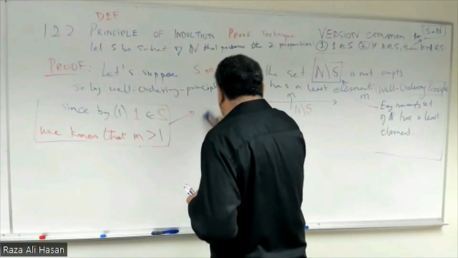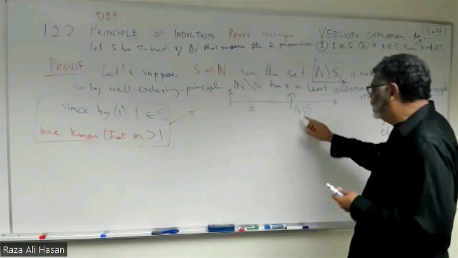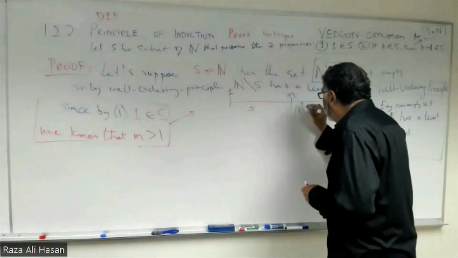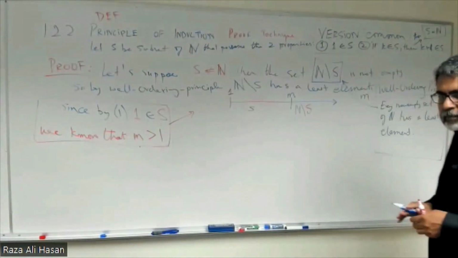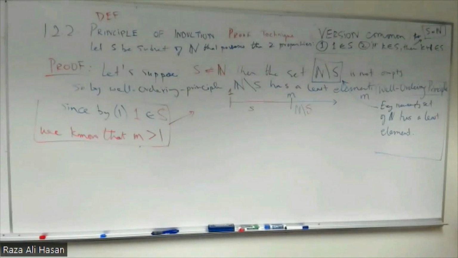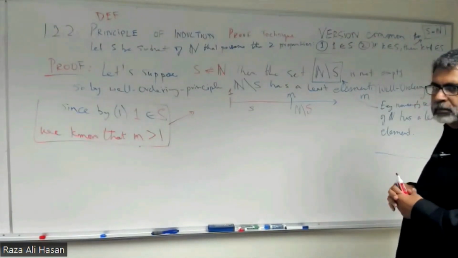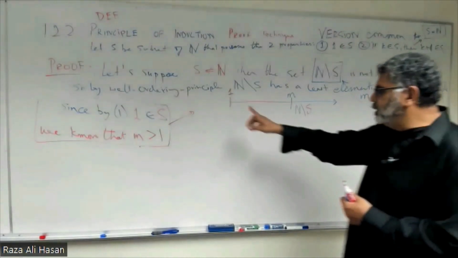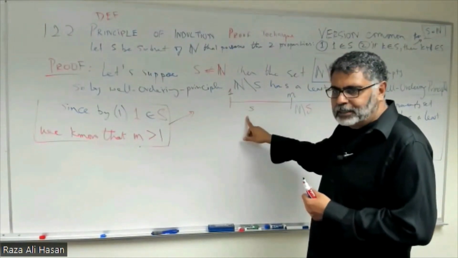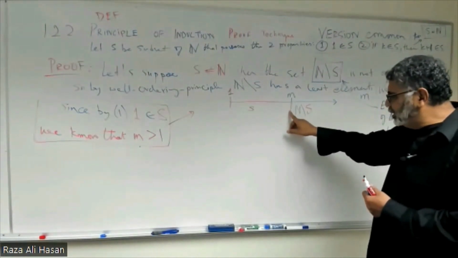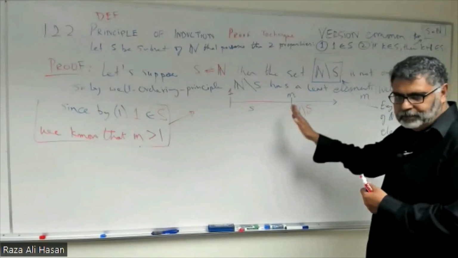Now it turns out there's only this part that we can even call big N slash S. Okay, so this is the smallest element of S, and then M is, so it's still not in the right place, so we're gonna move it.